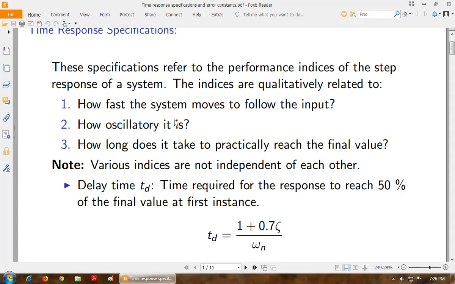Those factors are how fast the system moves to follow the input, because it is expected in general that the system should reach the desired value in the smallest time and should remain at the required value. Then how oscillative it is. All the parameters are responsible for getting satisfactory or unsatisfactory results.